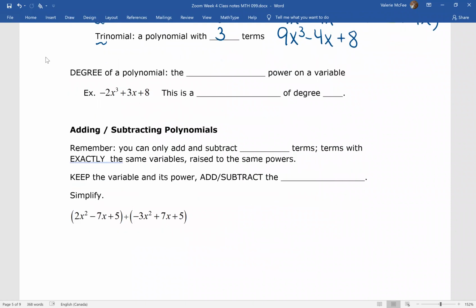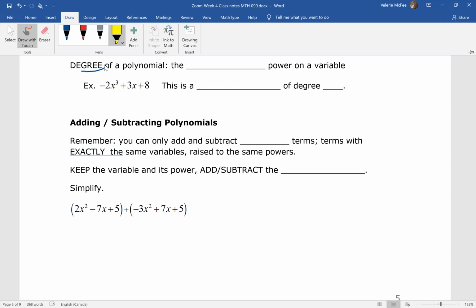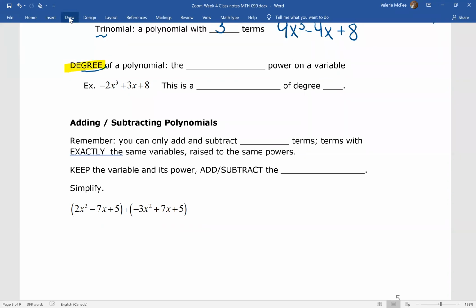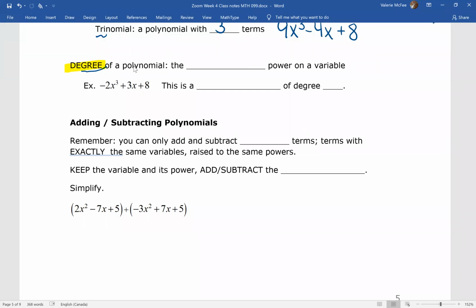One of the things that's going to be important, especially in Math 103, is to remember what the degree of a polynomial is. Now, the degree of a polynomial is always the highest power on a variable. We're talking about polynomials with one variable.